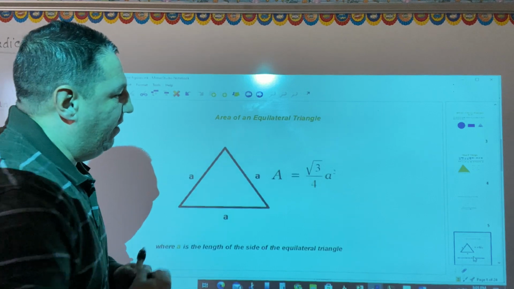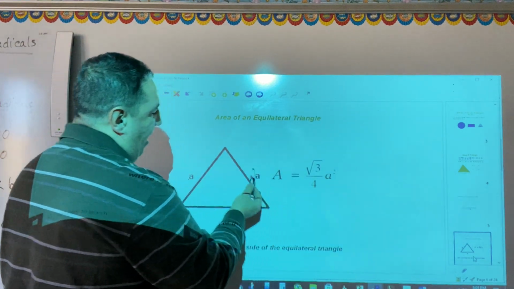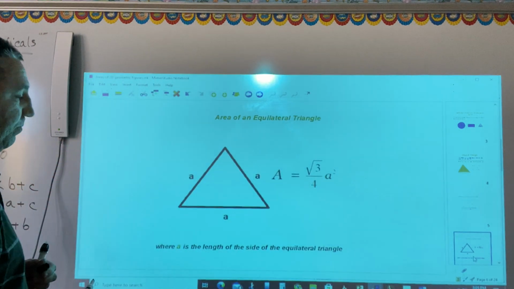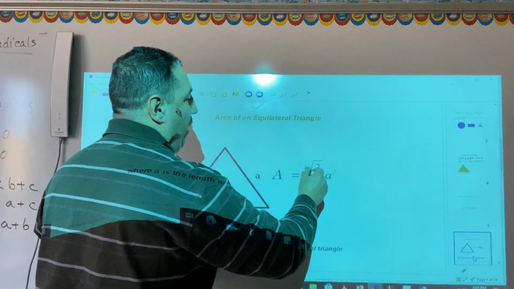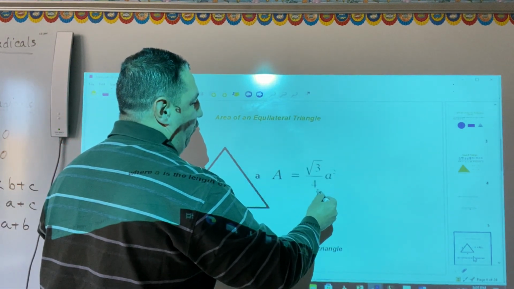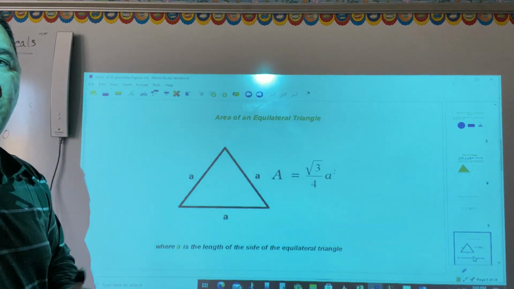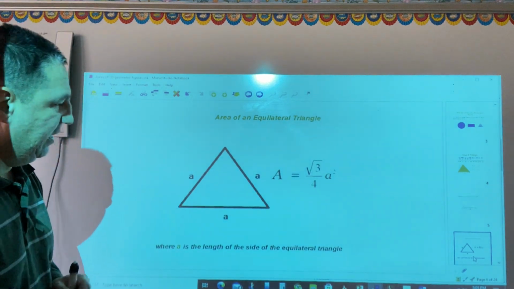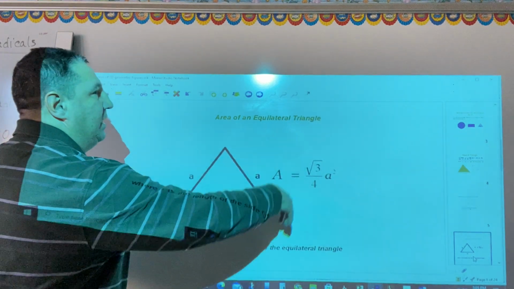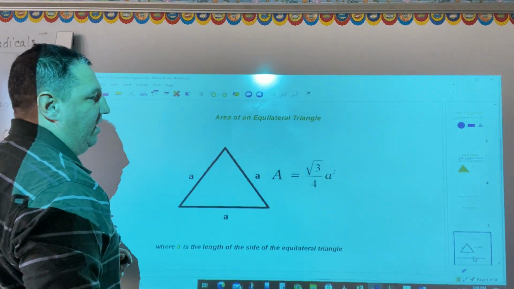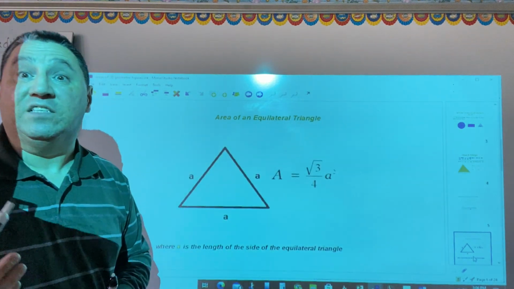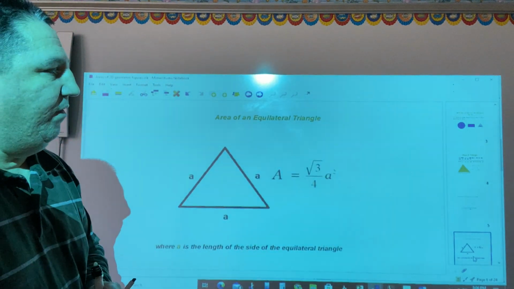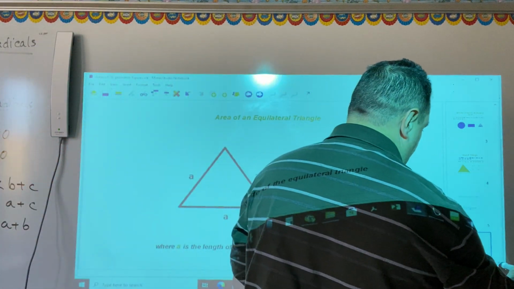The area of an equilateral triangle is square root of 3 over 4 times the square of the length of the side of the equilateral triangle. So, in other words, whenever you have an equilateral triangle and you know the length of each side, you apply this formula. It's easy. Now, let's have an example.